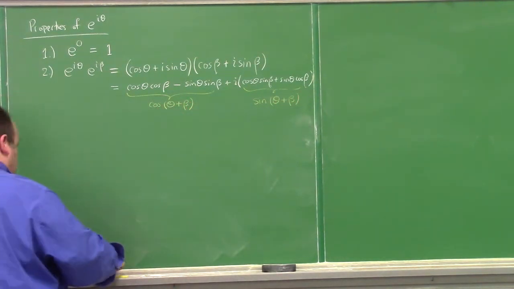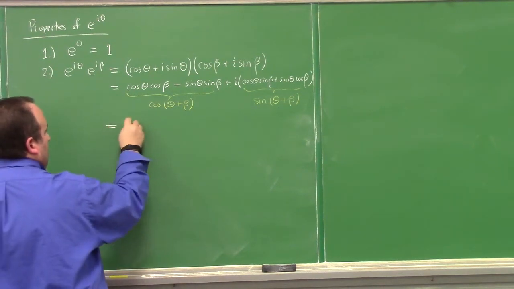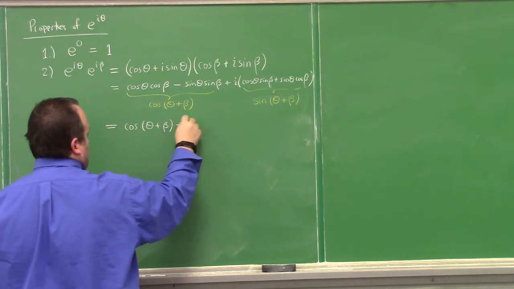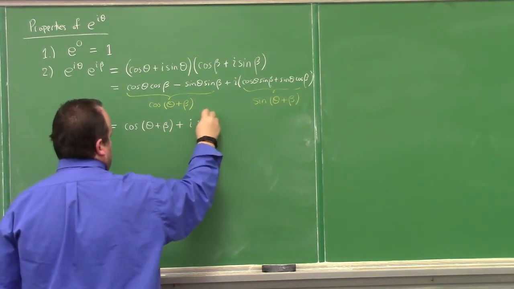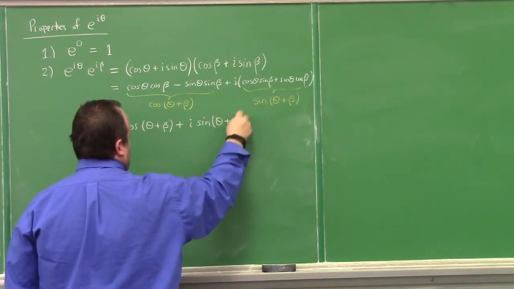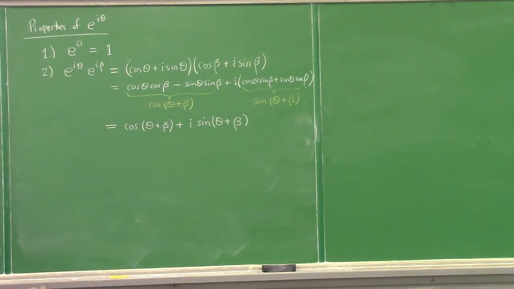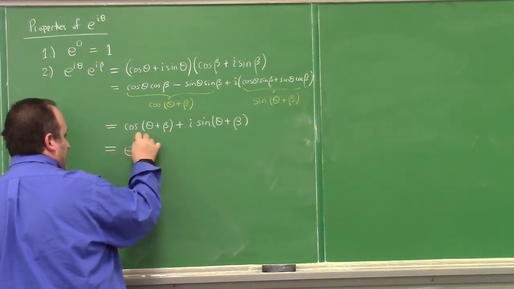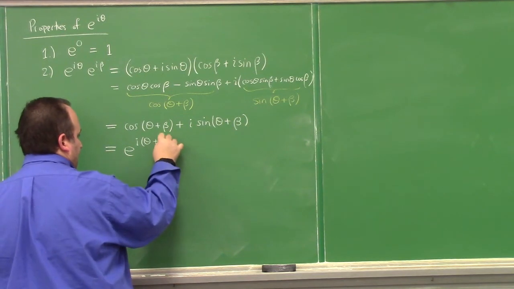So just to write it down again, what we have is cosine of theta plus beta plus i times the sine of theta plus beta. And by the definition of the imaginary exponential, this is e to the i times theta plus beta.